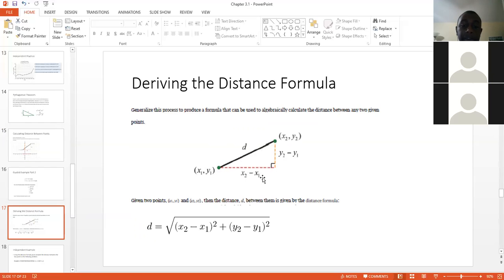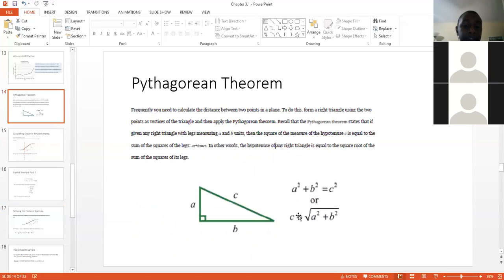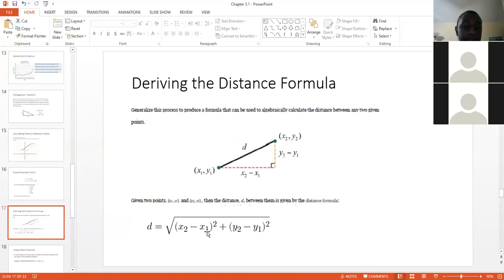So given this as A and this as B and this as C, we can just plug in this formula for what the variables are. So A squared is the same thing as (x2 minus x1) squared. This is the A squared term. And B squared: y2 minus y1 is B, this is how long B is. So B squared is (y2 minus y1) squared. And we're looking for C.